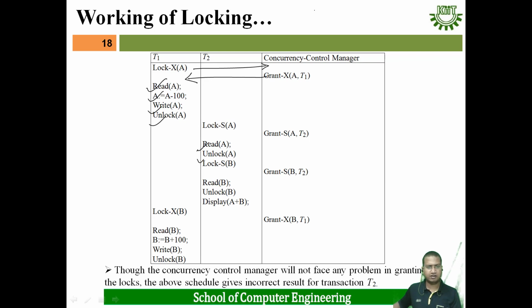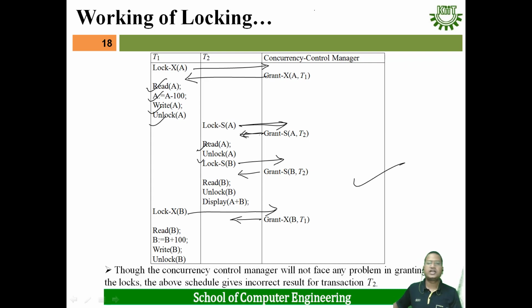You will analyze it at your home. Then you will see all the locks will be granted properly. Here also the read lock is requested and has been granted. Here also the read lock on B is requested and has been granted. The exclusive lock on B is requested and has been granted. That means all the locks have been granted correctly.